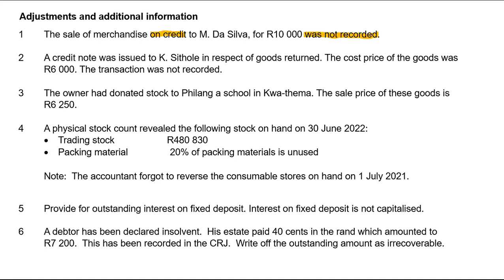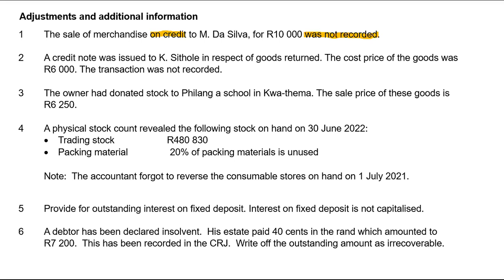When you debit cost of sales, it means your cost of sales will increase, but they will increase at cost price. Remember, cost of sales increases whenever you sell, and they increase on the debit side. So I am going to record that in my cost of sales.